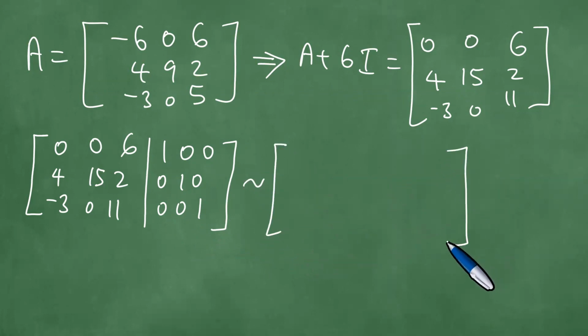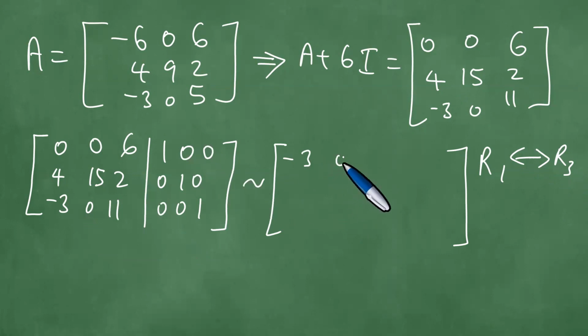So what do we get here? We need a 1 here because we want to get the inverse of this matrix. So we interchange rows 1 and 3, putting row 3 in the first position. So that's 0, 11, double 0, 1.